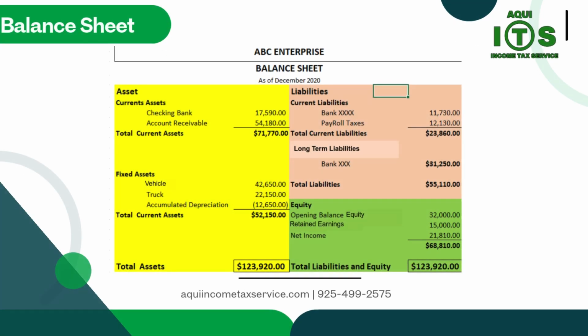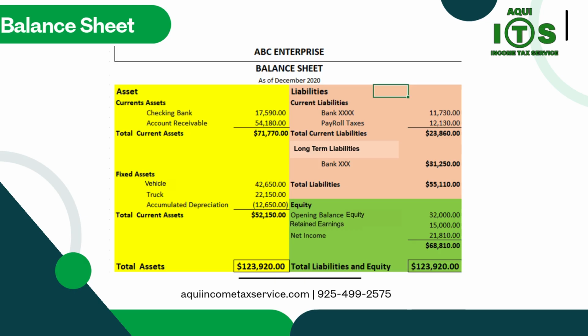Now, in this figure, we can see actual numbers added to the balance sheet to better understand what a balance sheet consists of. Here you can see how certain items are classified. As you can see, things like cash in the bank and equipment the business owns are listed in the assets section.